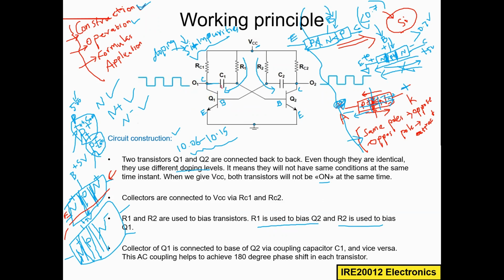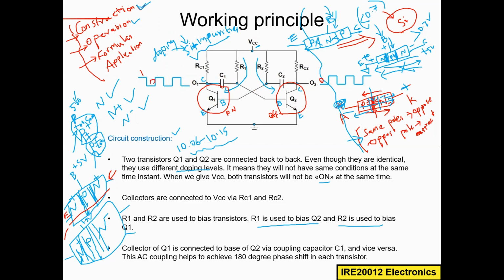Whatever operation is happening in Q1, the opposite operation will happen in Q2. If Q1 is on, Q2 will be off. If Q1 is off, Q2 will be on. So always the opposite. We have two output terminals, O1 and O2. If output 1 is logic 1, output 2 will definitely be logic 0.